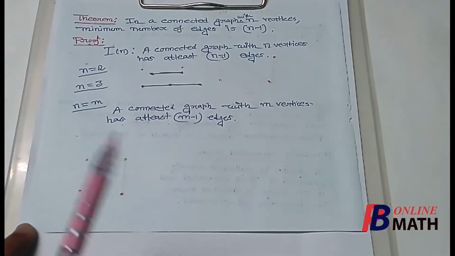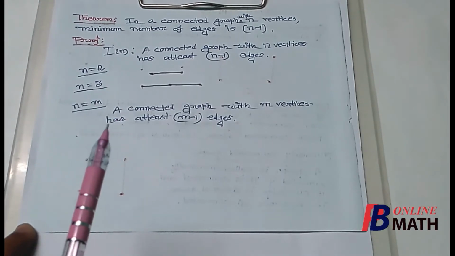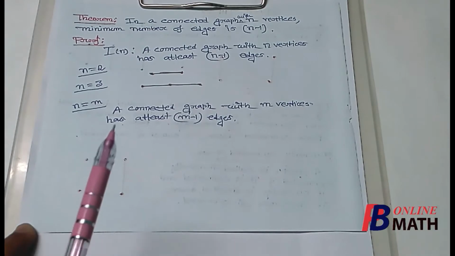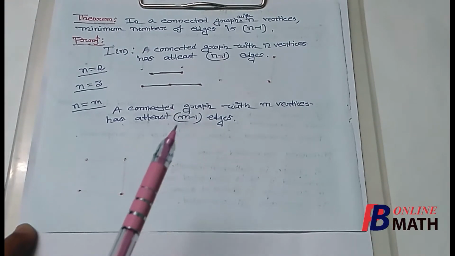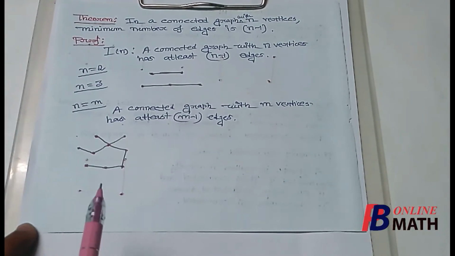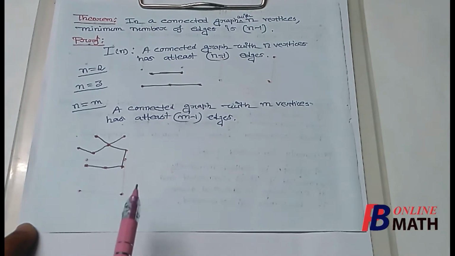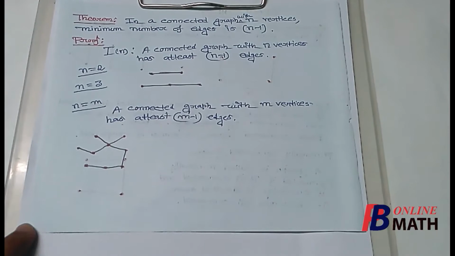Next we assume that the statement is true for n equal to m, where m is a positive integer. That means a connected graph with m vertices has at least m minus 1 edges. Suppose this is the graph which has m vertices and at least m minus 1 edges.